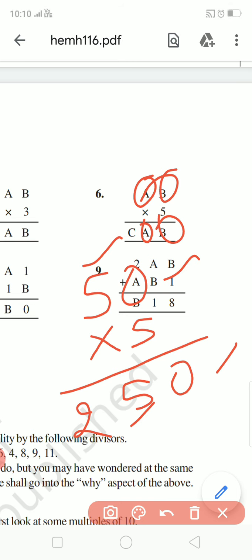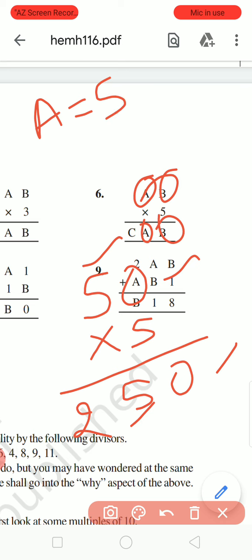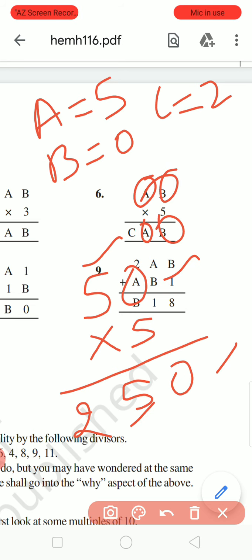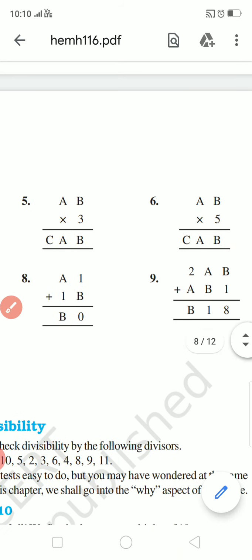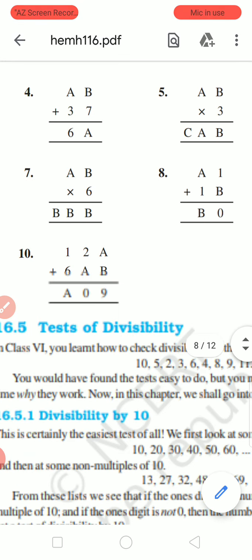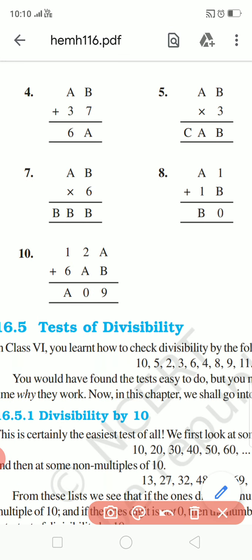So what are the values of A, B, C here? A must be 5, B must be 0, and there is no condition with C. This will be 5. Okay, so let us come to the next question. This is question number 7.